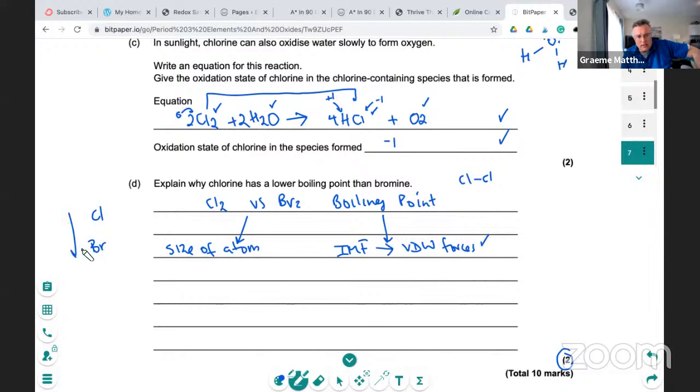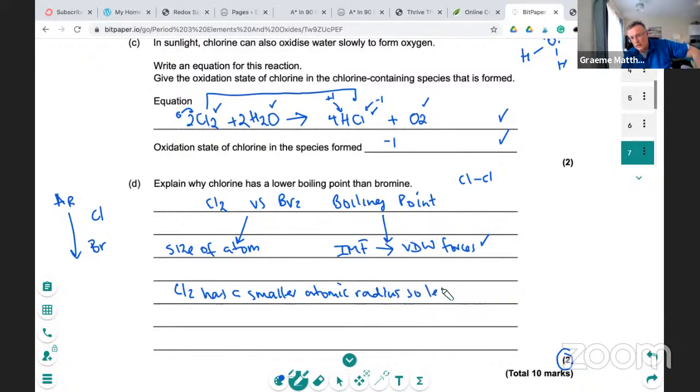Going down, wouldn't the atomic radius just increase? And so therefore, size of the atom. So I would say that chlorine has a smaller atomic radius. True.